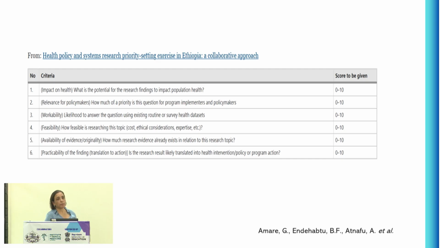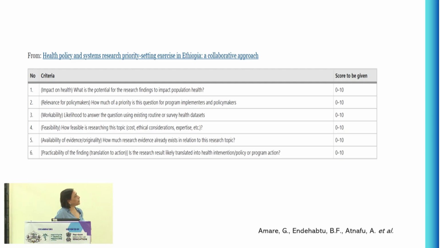Okay, so they basically said that our research priorities have to include this criteria of whether the research endeavor is actually feasible within the normal working lives of health program managers. Feasibility, how feasible is it to research it from a cost point of view and an ethical point of view? Availability of evidence and originality, so you don't want to duplicate work that's already been done.